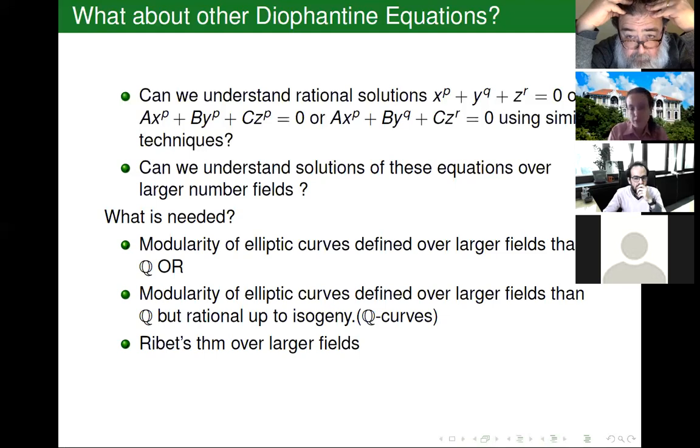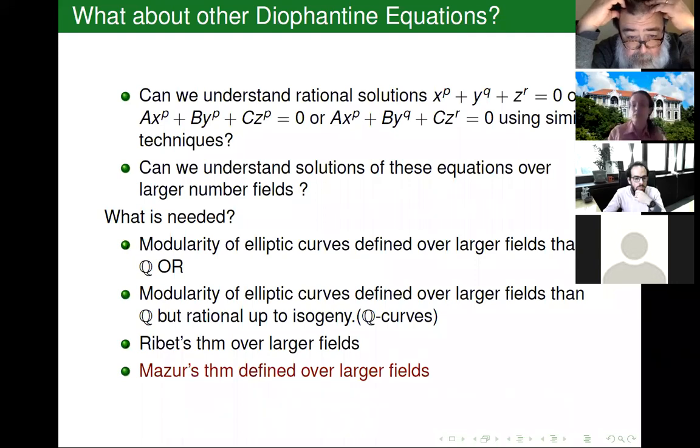So we need the modularity of elliptic curves defined over larger fields other than the rationals. We need Ribet's theorem over larger fields, some sort of modularity, some sort of Ribet's theorem, and we need Mazur's theorem over larger fields. So it's not an easy task to do.